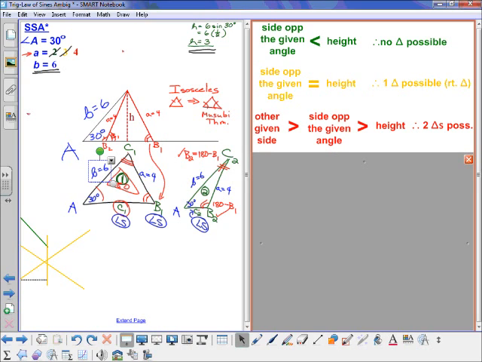So if your other given side, that's the top one, is greater than your side opposite the given angle, and that's greater than the height, 2 triangles possible. Okay, that's why I made all this stuff in red. Okay, this is the worst one.